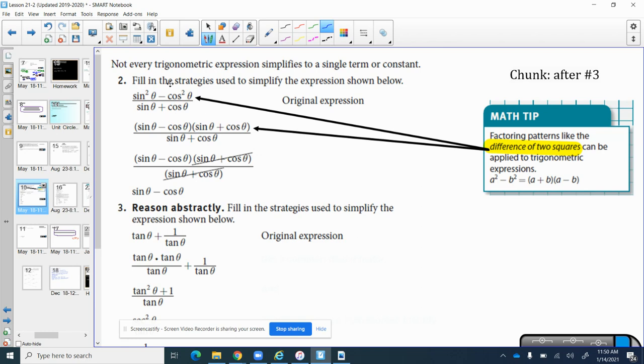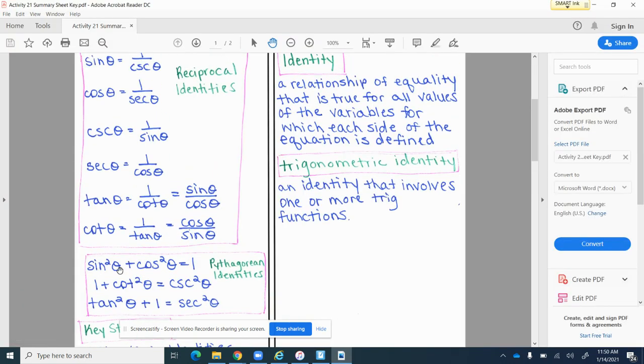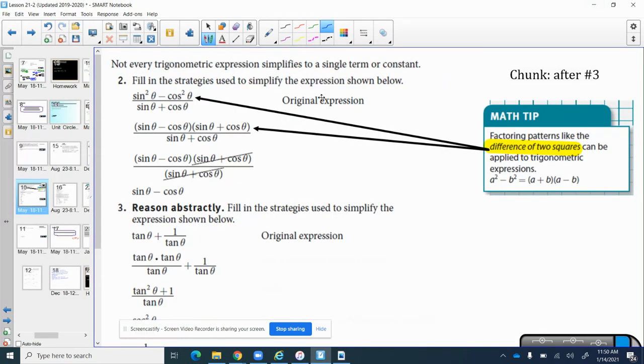Now notice in this original expression, we have sine squared minus cosine squared. Sine squared minus cosine squared is not the same thing as sine squared plus cosine squared. That's very different, an addition sign versus a subtraction sign. What we can do, however, if you look in the math tip box, is use a difference of 2 squares.